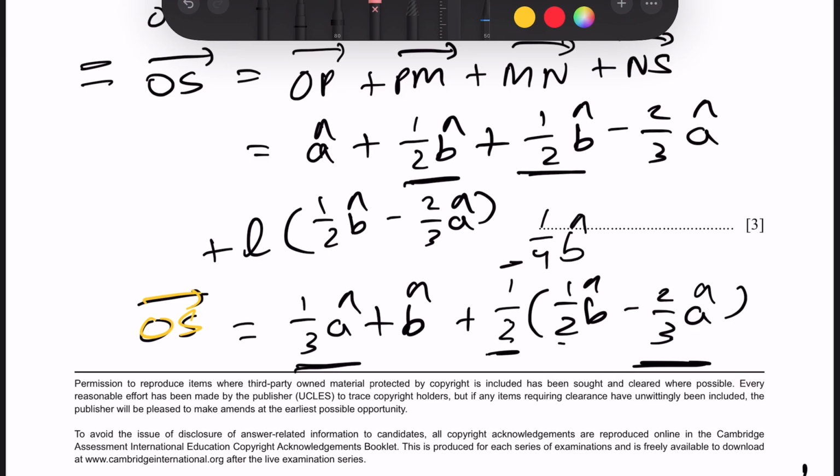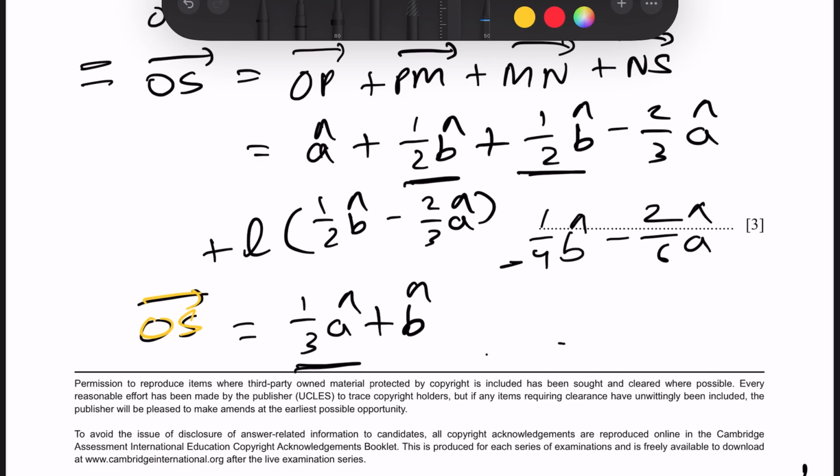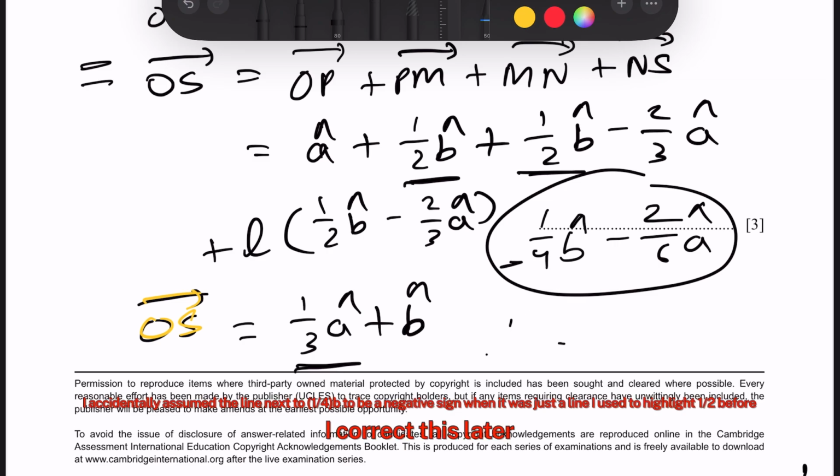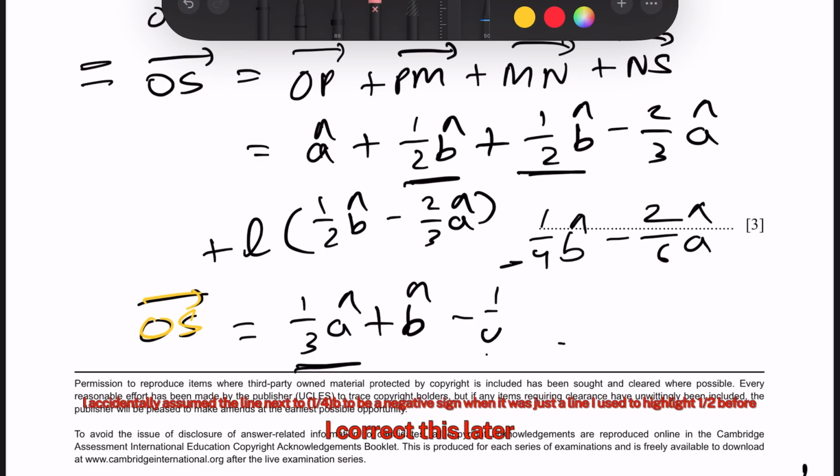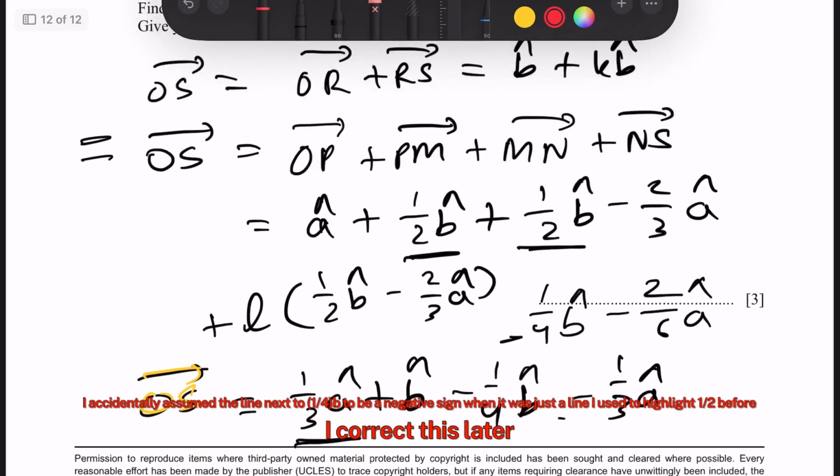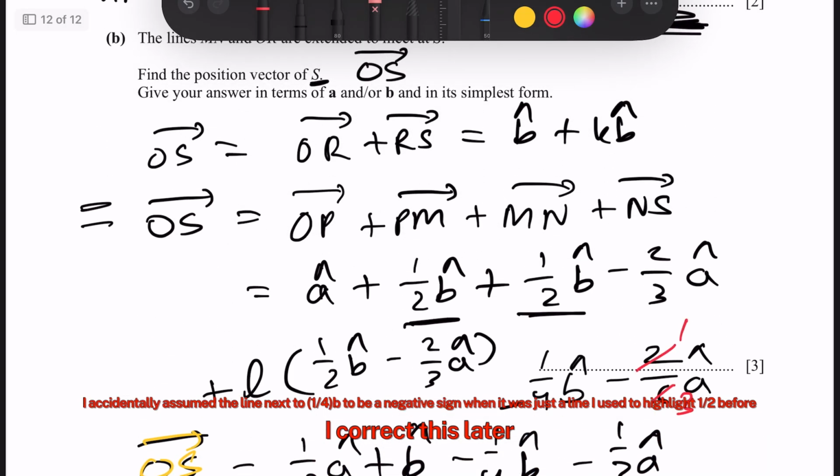And if we multiply 1 by 2 with negative 2 by 3a, that's equal to negative 2 by 6a. So if I just erase this bracket and bring these two terms down, this means that OS is equal to 1 by 3a plus b plus 1 by 4b minus 1 by 3a, since negative 2 by 6 can be cancelled to be 1 by 3a.